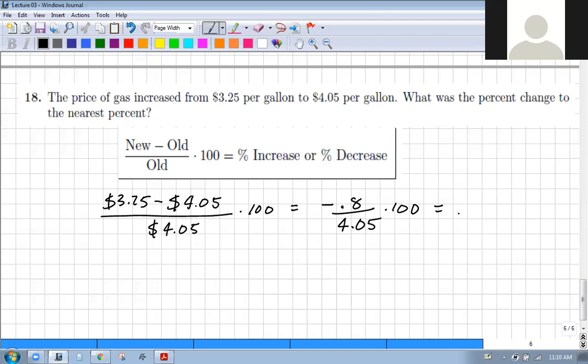So we get negative 0.1975 times 100, which is a negative 19 point, would be 75, right? So that 5 is going to round the 7 up to an 8. That's our percent. Negative 19.8%.